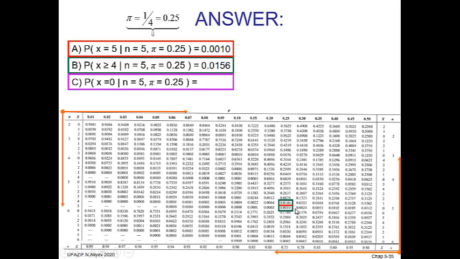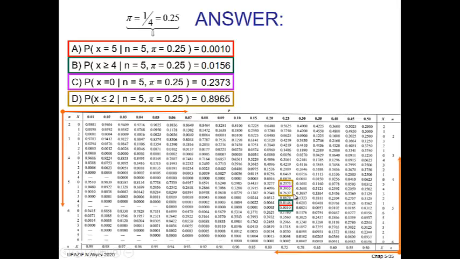Third one was the probability of x equal to 0. 0 is here, 0.2373. And the last one, x less than or equal to 2. These 3 probabilities we should add, and the answer for this case is 0.8965.